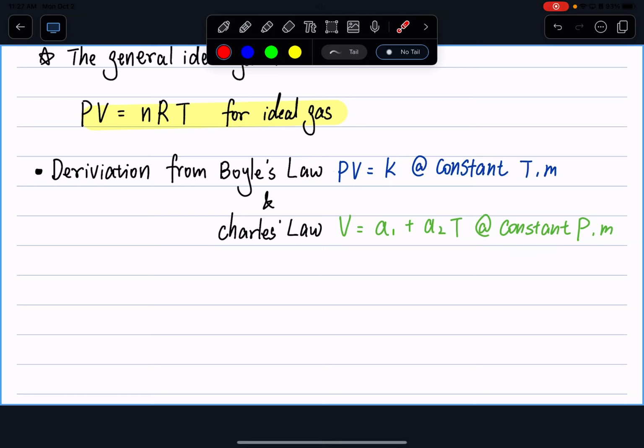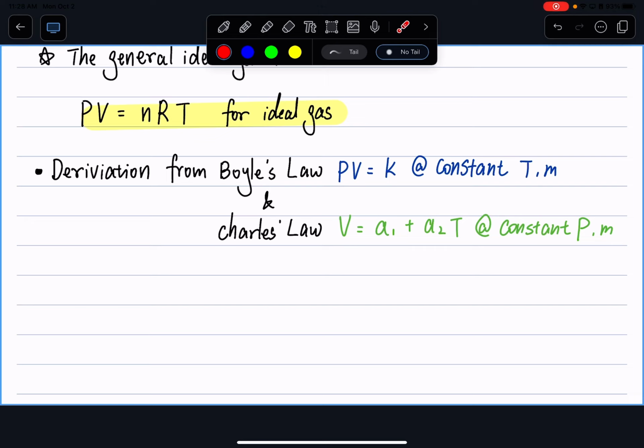From Boyle's law, we have PV equals K. So pressure times volume of some ideal gas gives you a constant K at constant temperature and constant mass. And then we have Charles' law, where volume equals A1 plus A2 times T at some constant pressure and constant mass.